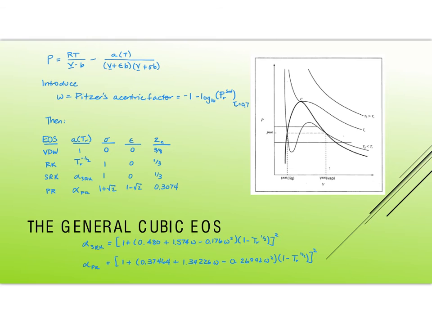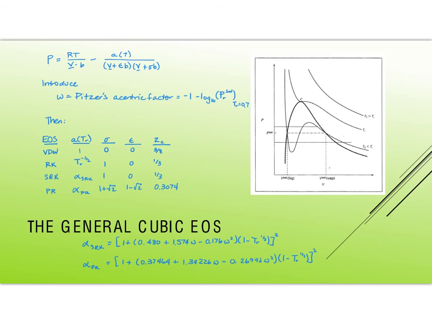So van der Waals, alpha is 1, Redlich-Kwong, it's TR to the -1/2, and for SRK and PR, Soave-Redlich-Kwong and Peng-Robinson, we get much more complex things that are written at the bottom of the screen. Sigma for the Redlich-Kwong family is 1 and epsilon 0, but for Peng-Robinson it's 1 plus square root of 2, and epsilon is 1 minus square root of 2.